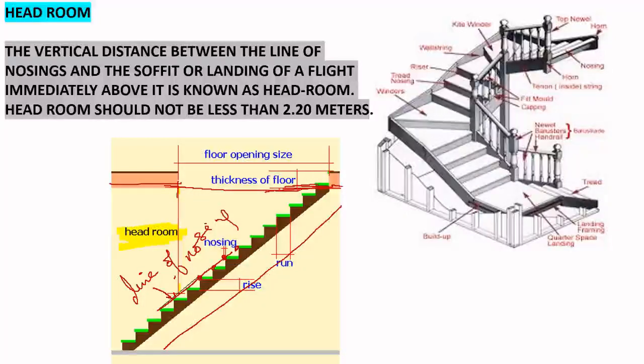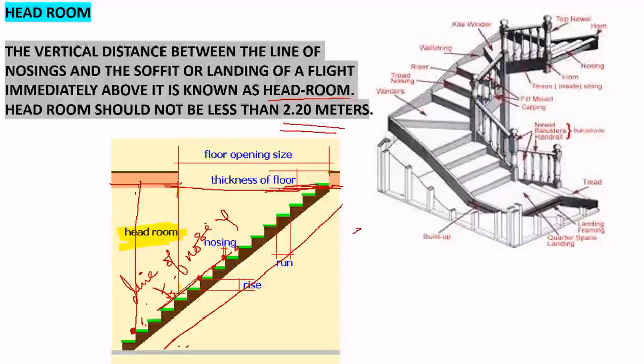This distance varies throughout the flight, from bottom to top. Headroom should not be less than 2.2 meters. This vertical distance of the headroom should be at least 2.2 meters.